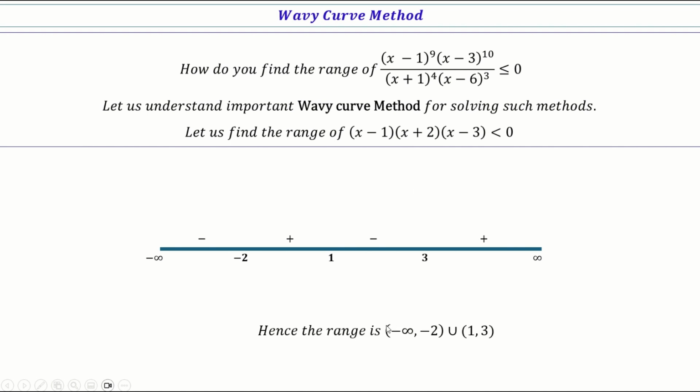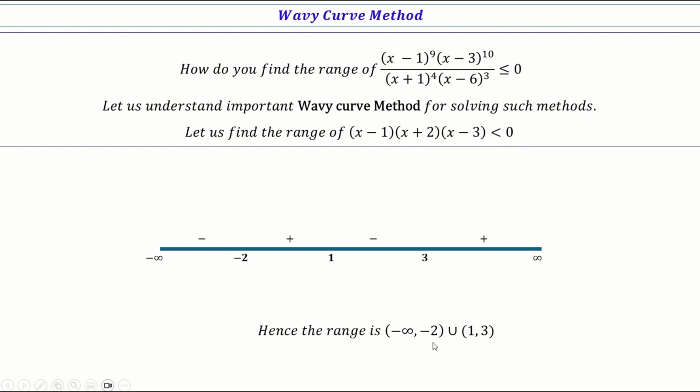And an important thing, note down this bracket. The bracket is like this. For minus infinity, for infinity you will never put a square bracket, you will put only this one. But minus 2 is not included, minus 2 is not part of this solution, because if you put x equal to minus 2, this will become 0. 0 is not less than 0, 0 is equal to 0, so this is not covered.